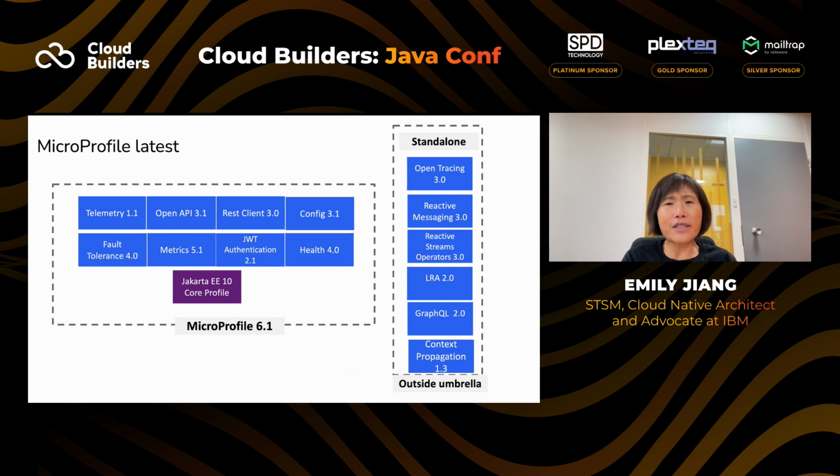Telemetry, metrics, and health are for observability, OpenAPI for documentation, and REST Client for connecting microservices together. Config lets you configure your applications without rebuilding them. Fault Tolerance allows you to create resilient microservices. JWT Authentication is how to secure your microservices.